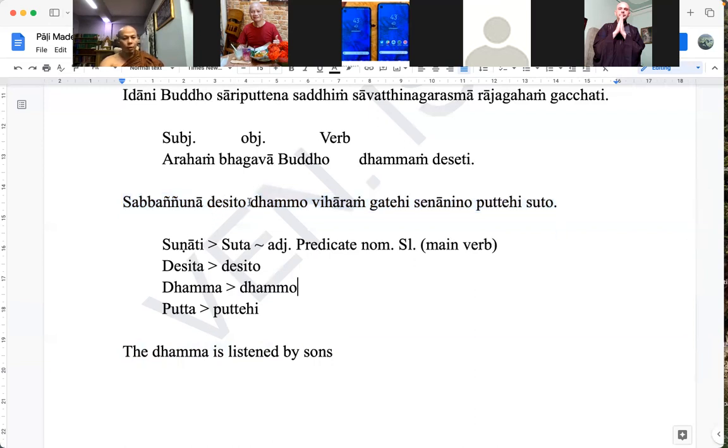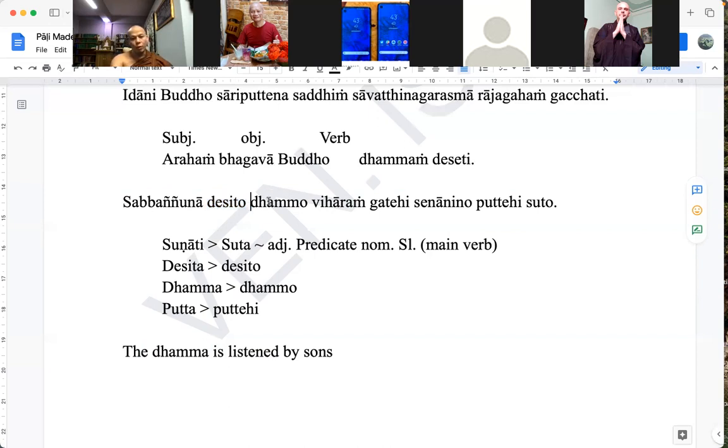So now dhammo: before the dhammo, we can see desito. So we already learned the usage of the adjective. When we use a single adjective in the modifier function, we put that word before a noun.